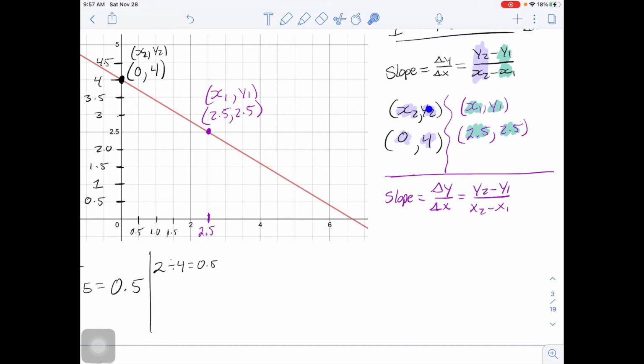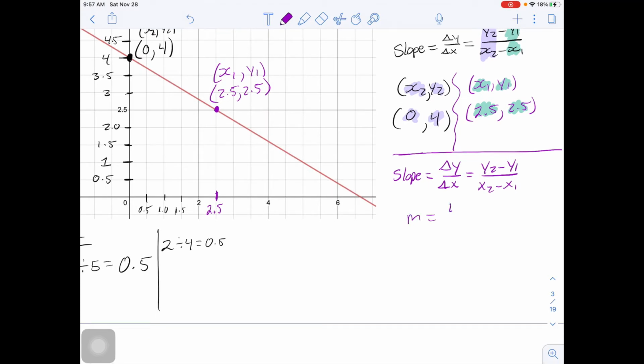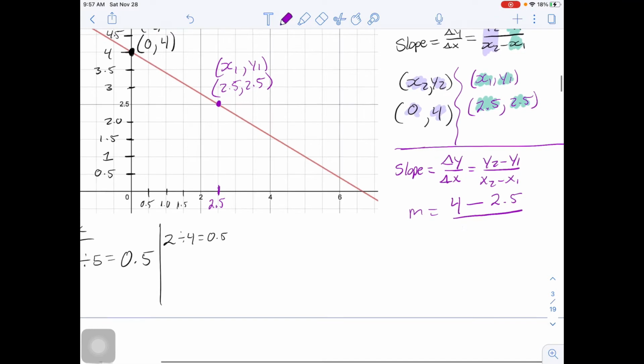Well, I've made y2 my 4. So this will be 4 minus, now what's my y1? My y1 was 2.5. Dividing by my x2, x2 was 0, minus, and then x1 was 2.5.